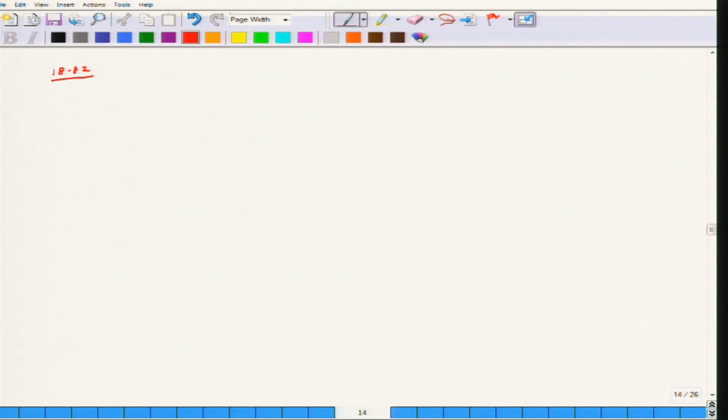So we will go back and see how to find the percentage finer for a hydrometer. It is 2.7 by (2.7 minus 1) into 18.82 divided by 10 into 50 into 1000.